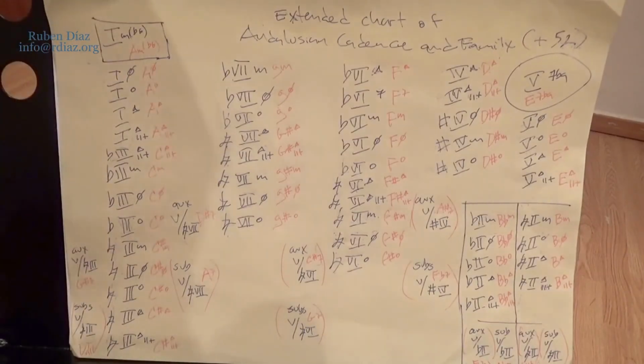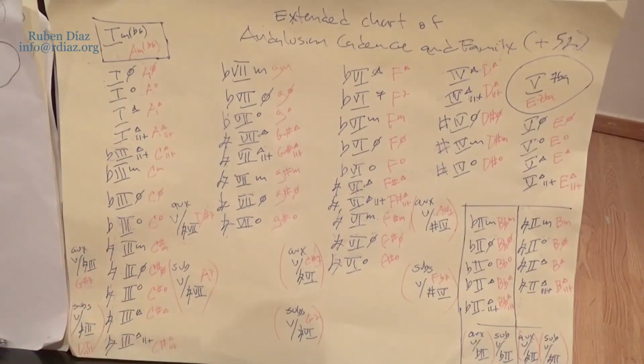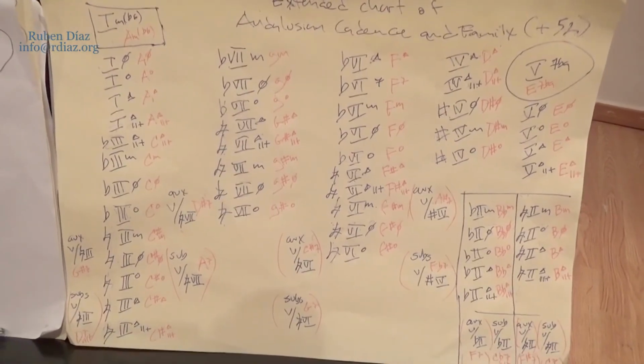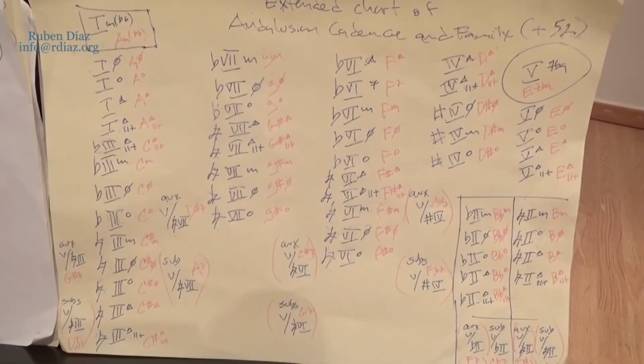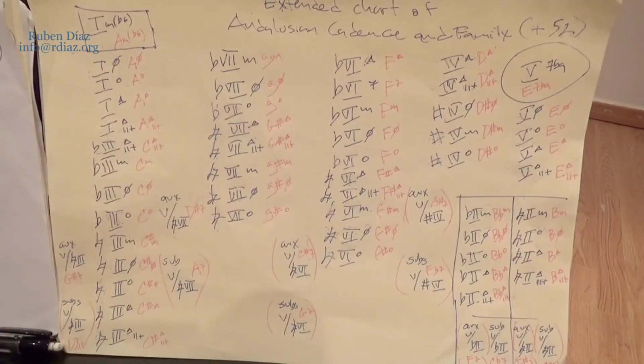So here we go with A minor, and now we have as our first chord of this extended chart the chord first minor 7 flat 5. So we have this. Generally it is used in progressions with a coloristic purpose, like, for example, we may have things like 4 minor.